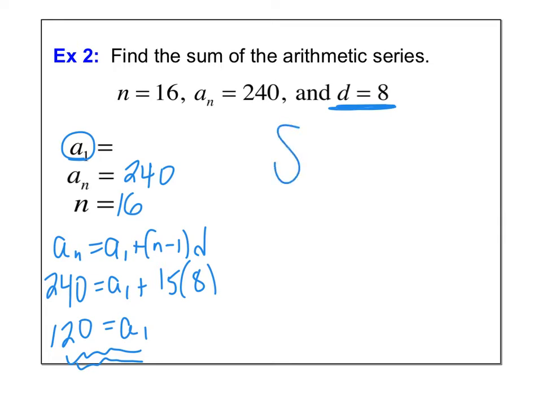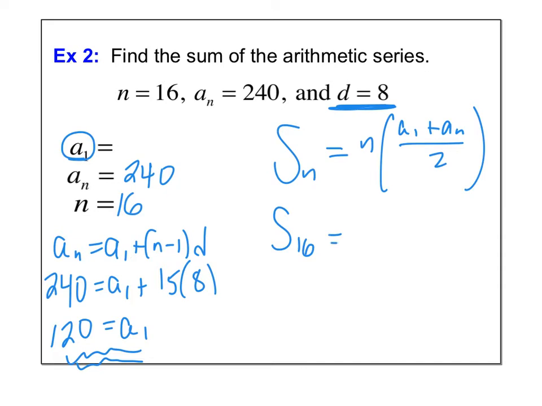So back to the series, the equation for the arithmetic series is s sub n, the number of terms times the first plus the nth over 2. We're adding up 16 terms, so the sum of 16 terms is equal to 16 times a1 plus a sub n over 2.